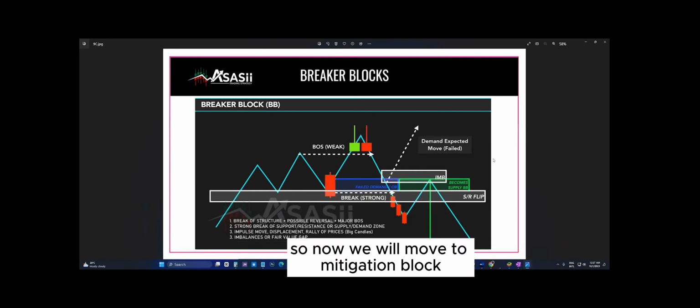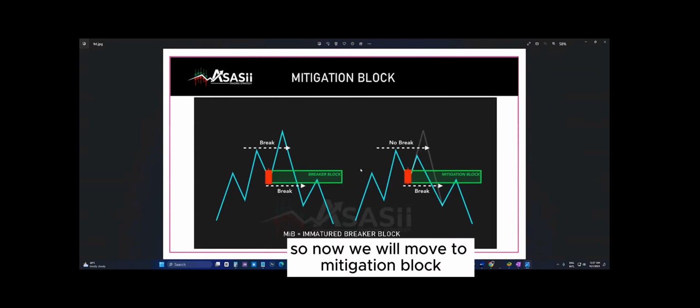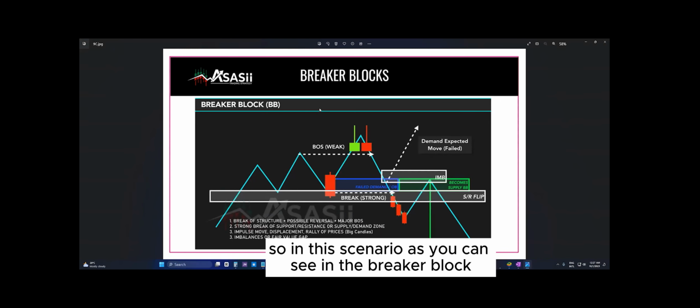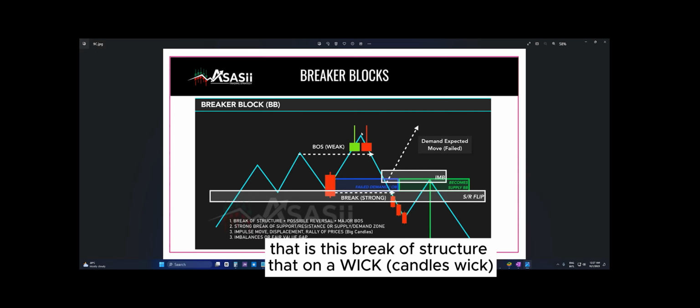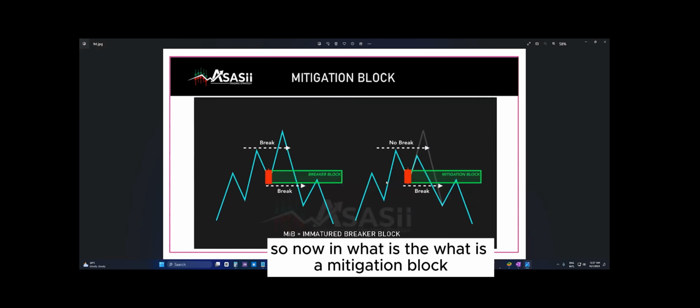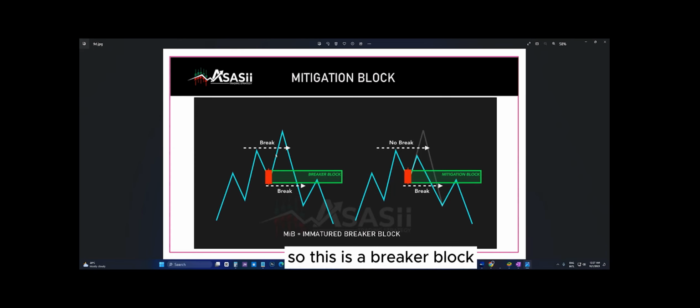So now we will move to mitigation block. So in this scenario, as you can see in the breaker block, we have a break-off structure. And take note of this, guys, this break-off structure na to is weak. Because later on, we will discuss about liquidity. Okay? So now, what is a mitigation block? So this is a breaker block.